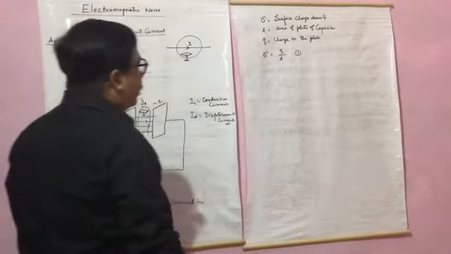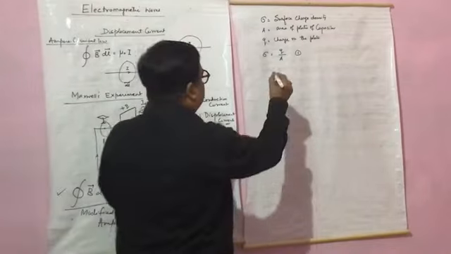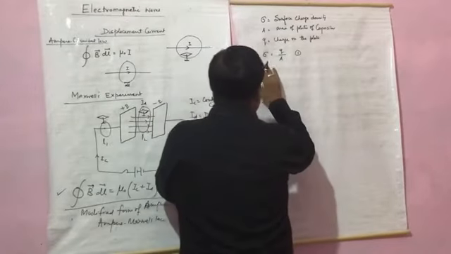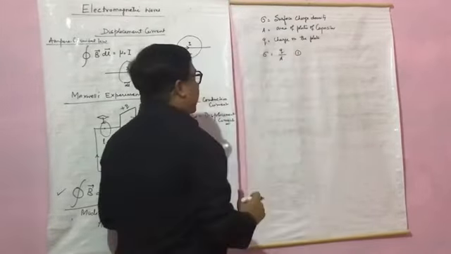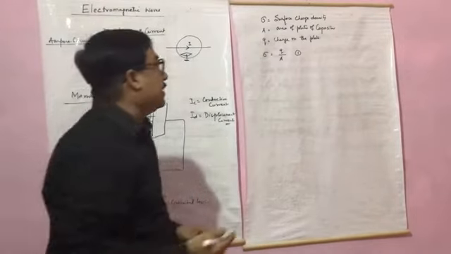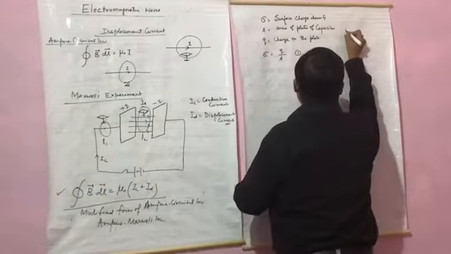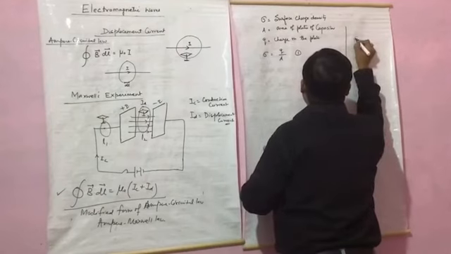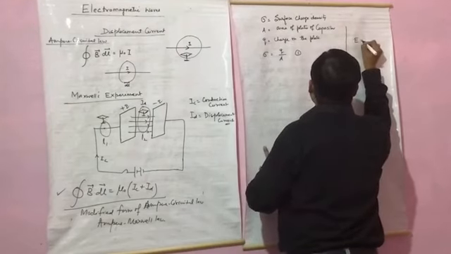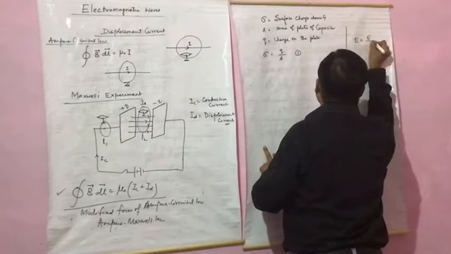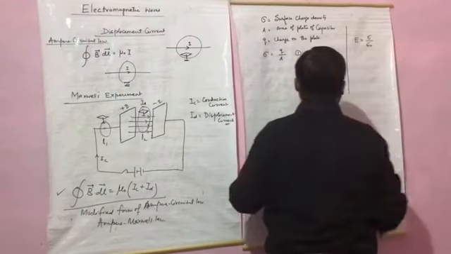Now come to Gauss's application. From Gauss's theorem and its application, we have an expression for the electric field because of a charged sheet or plate, and that is given by sigma by epsilon naught.